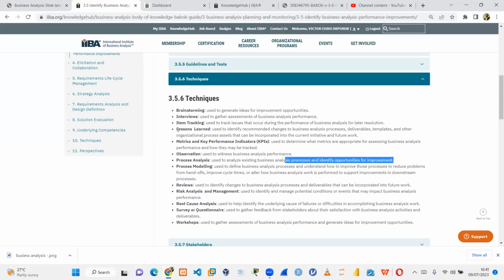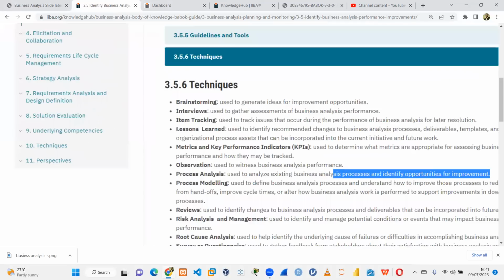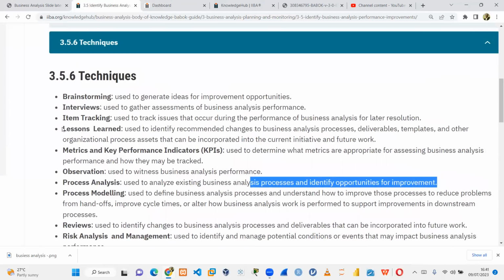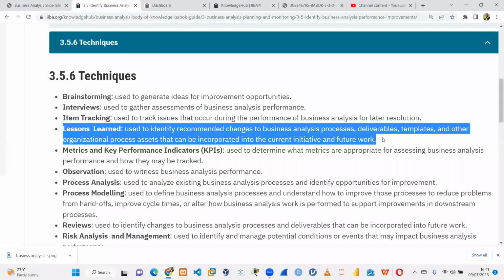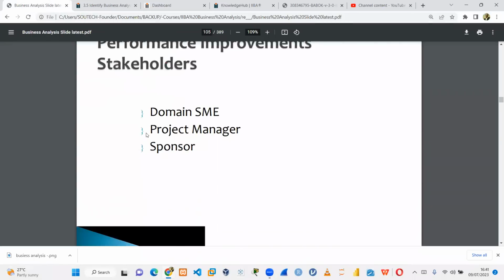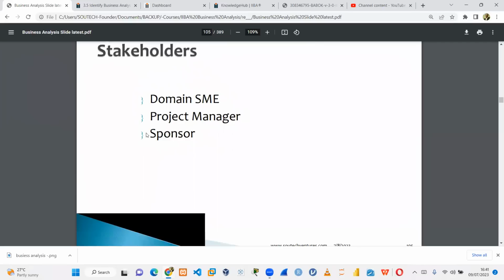But if the business is not learning from its previous mistakes, then it will be difficult for the business to make some improvements. So lessons learned is very key, very, very critical. So you need your domain experts, you need your project manager, you need your sponsors for that.